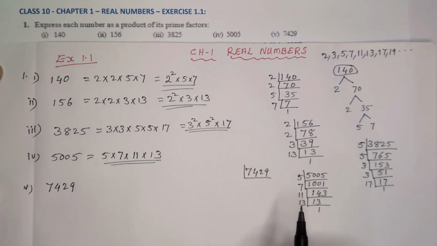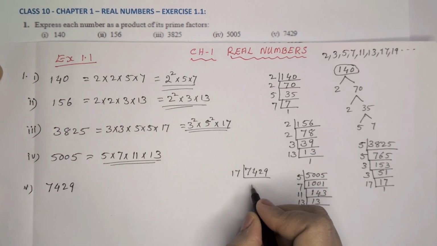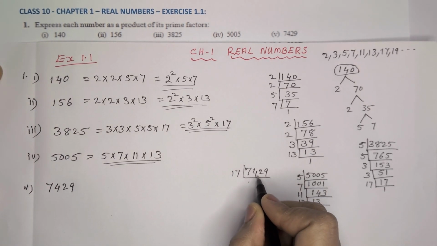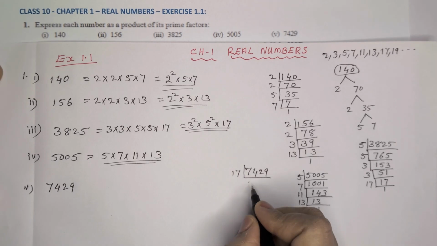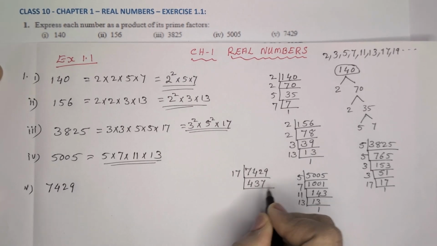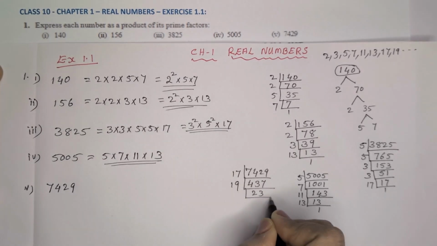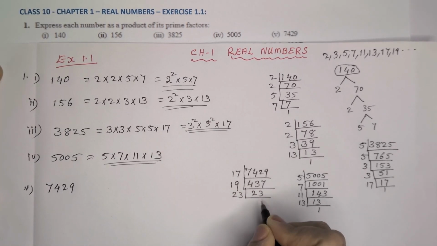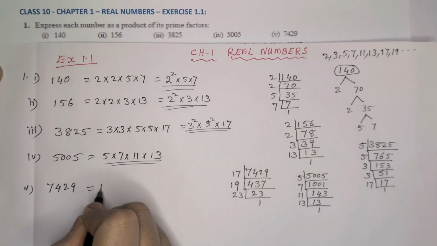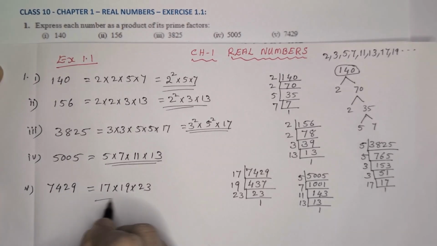Then we can see that the first one that works is 17. When we divide 7429 by 17, we get 437. Then we can divide by 19, giving 23. 23 is also a prime number. So we can write that number as 17 into 19 into 23.